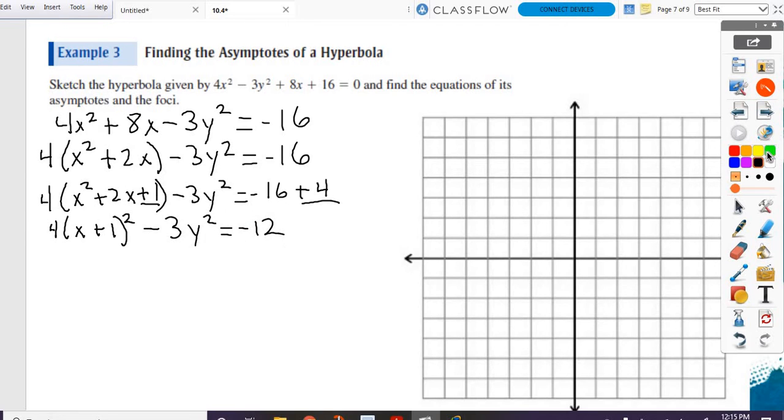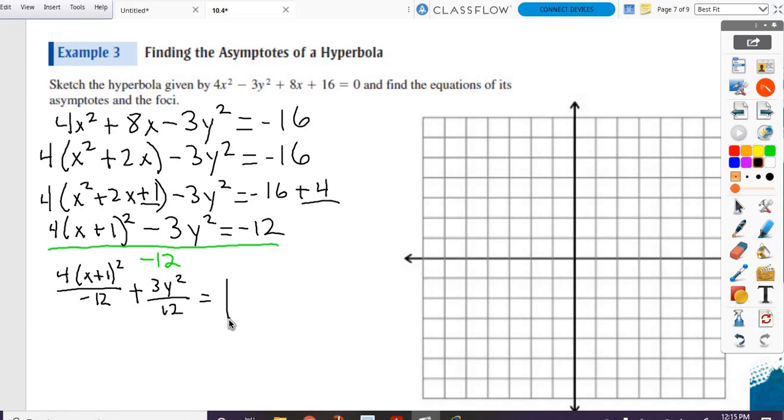And then, just like before, we need our equation to equal 1. So I'm going to have to divide by a negative 12. But notice that a negative divided by a negative is going to become positive. And then I just want to simplify. So 4 goes into 12 3 times.